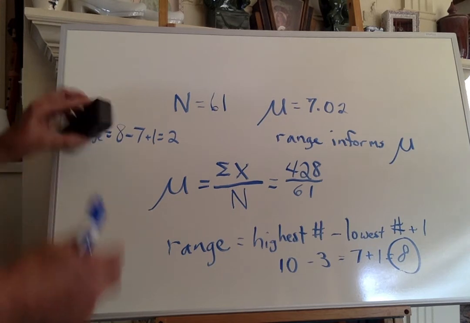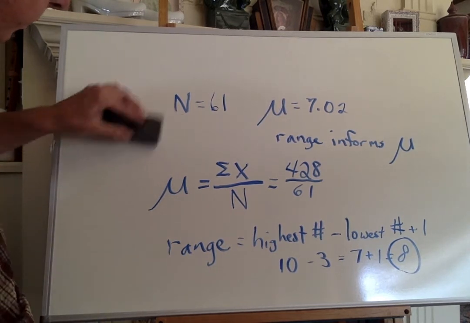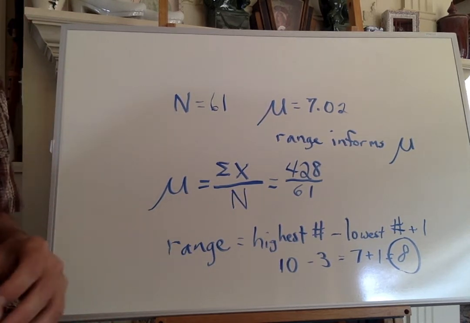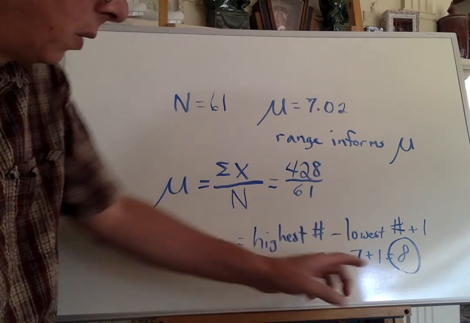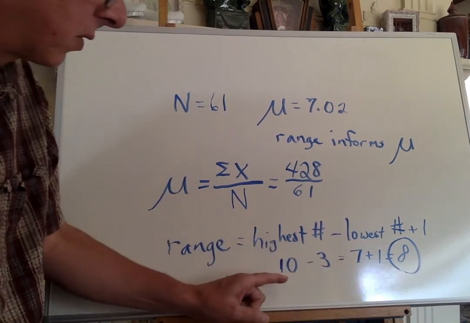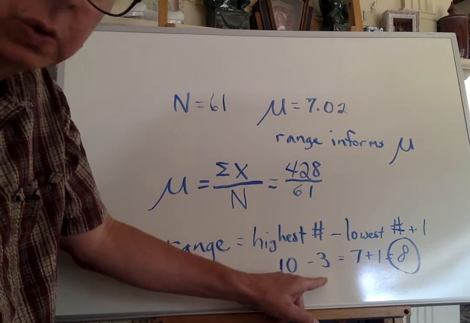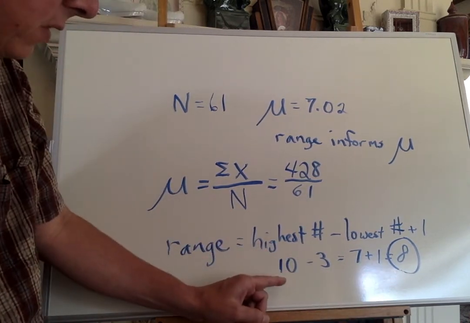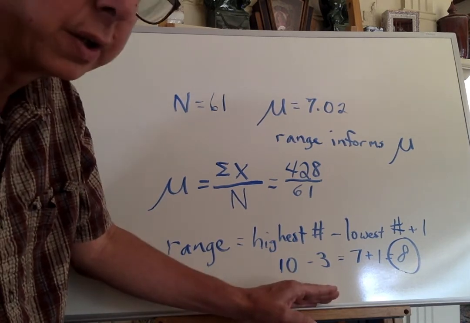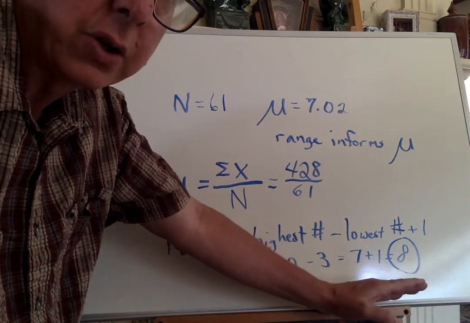Now, we do have to be careful because the range also is lacking a little bit, because we would get the same range if the scores went from 9 to 2, right? We'd have the same range. If the scores went from 8 to 1, we would have the same range.